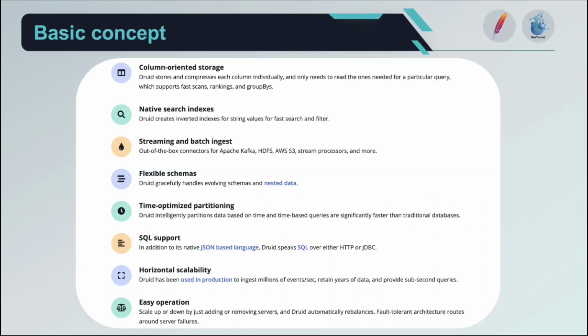And Druid can partition data by the time dimension to speed up time series queries. It supports SQL. You can access Druid through HTTP or JDBC, and also via Presto or Trino. Druid can easily scale in and scale out. Last but not least, Druid can automatically load balance to reduce the maintenance workload.